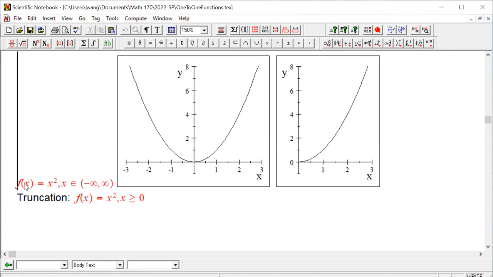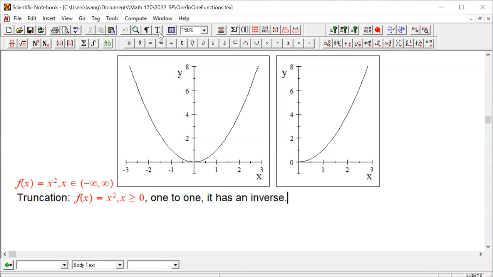We consider these two functions different because they have different domains. This latter function actually has an inverse. This latter function is one-to-one. It has an inverse.